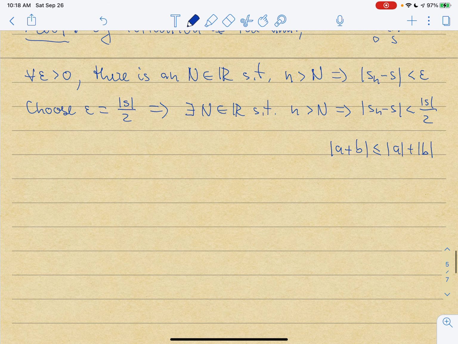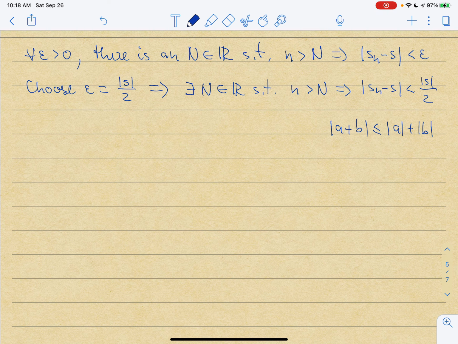And let me make the following change. Let's say I'm going to set c to be a plus b. If c is a plus b, then b is equal to c minus a.